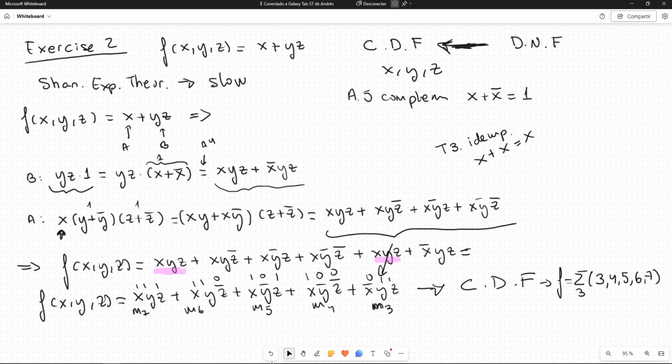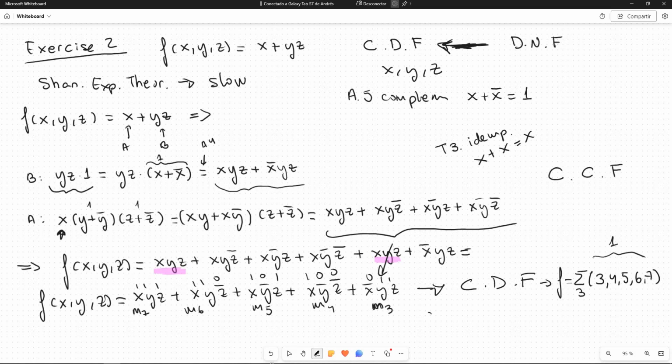Imagine that now they tell you that you have to obtain the canonical conjunctive form. So we are going to look at the zeros. Imagine that we have the truth table: which are the combinations of the input for which the output is 0? Those are the combinations that are not here, because these combinations are those that make the function 1.